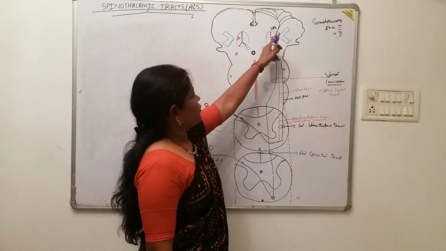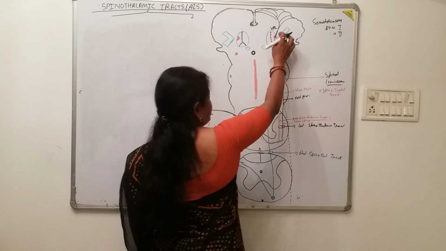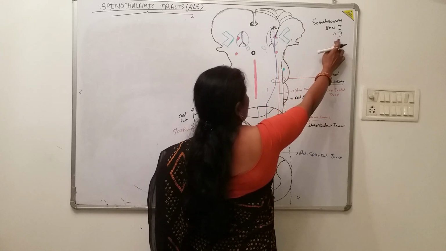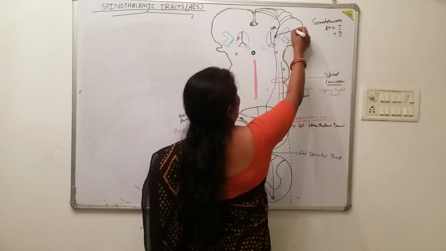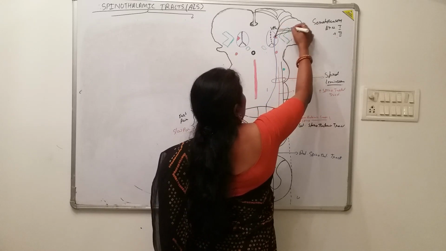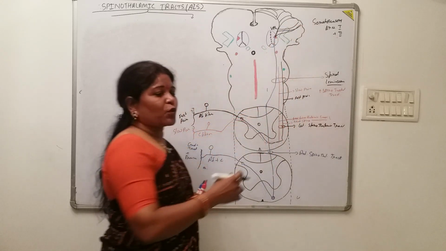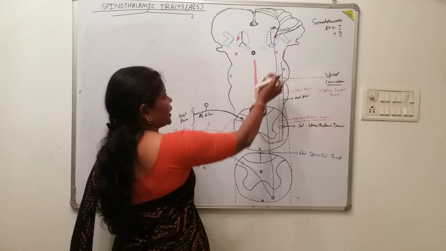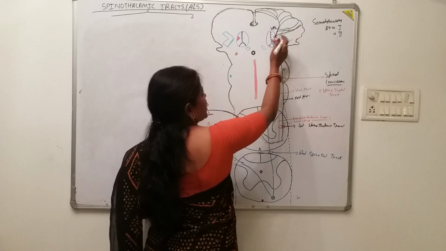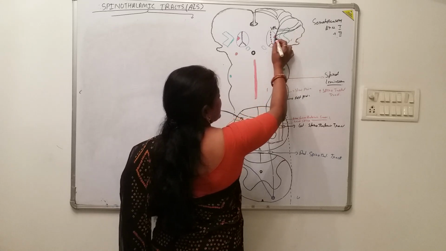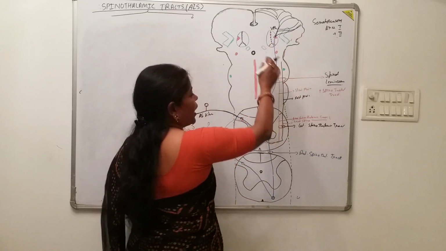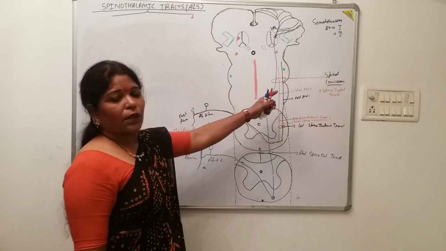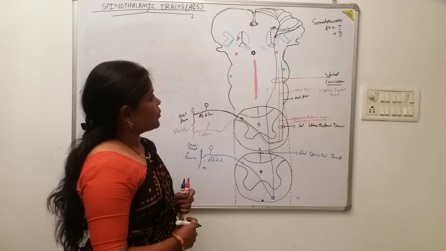So these third order neurons pass to the somatosensory area 1 and 2 via the internal capsule. What is that? This green color structure, this is the internal capsule which has got the anterior limb as well as the posterior limb. So the third order neuron fibers pass through the posterior limb and they are going to the somatosensory area or the post-central gyrus of the cerebral cortex.